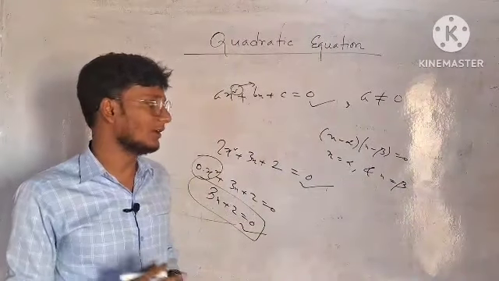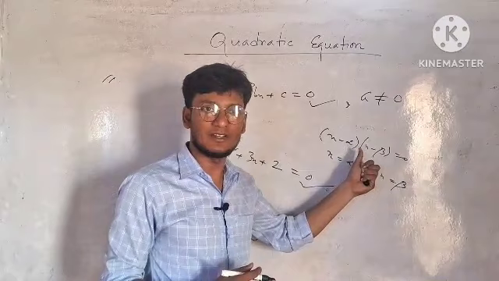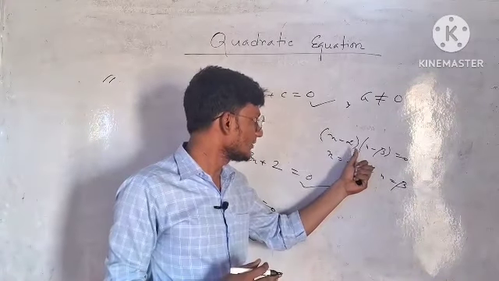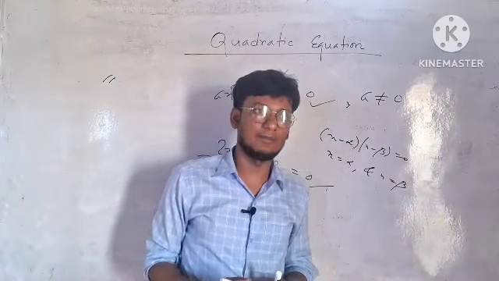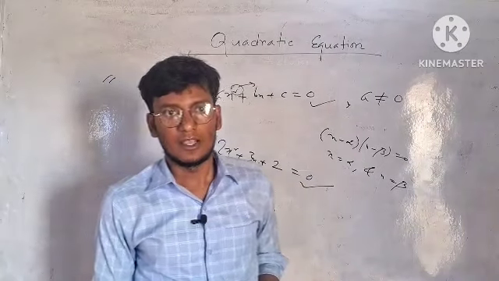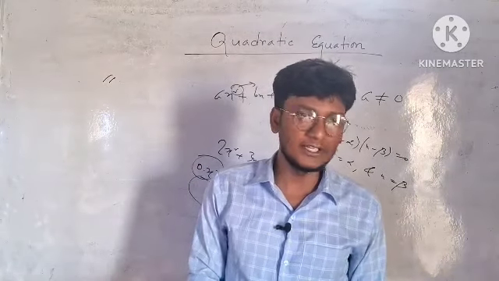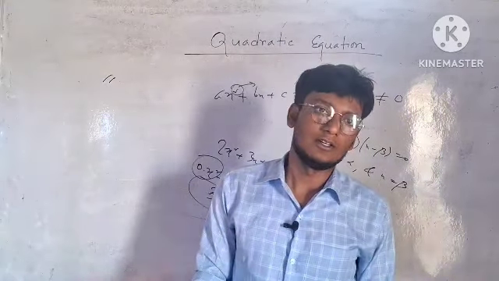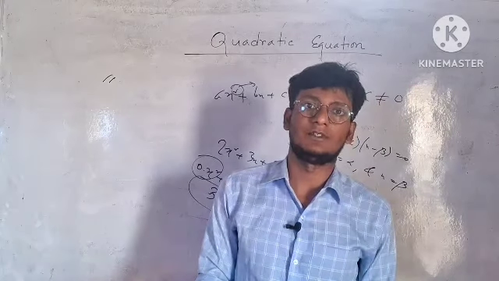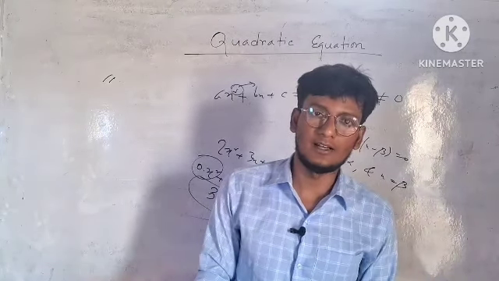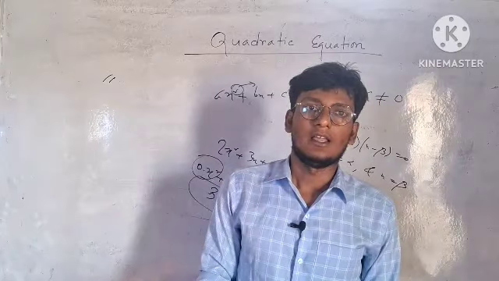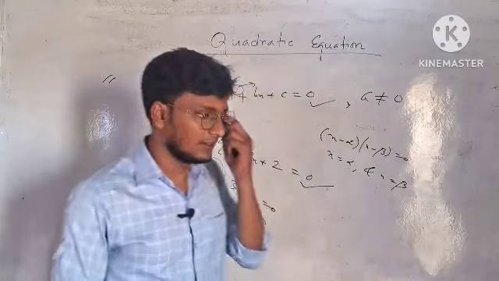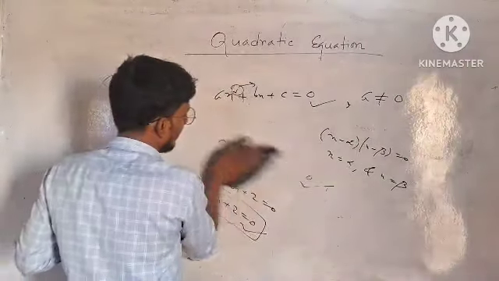But if you are unable to express the quadratic equation in the form of x minus alpha into x minus beta, then you have to use a formula from Siddharacharya. Already I think you know the name of Siddharacharya, he is the great mathematician. He had supplied a formula. Let me write down the formula.